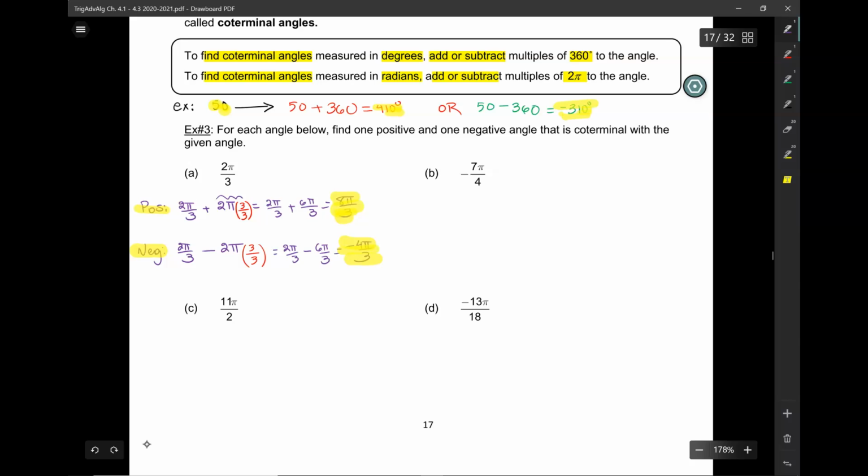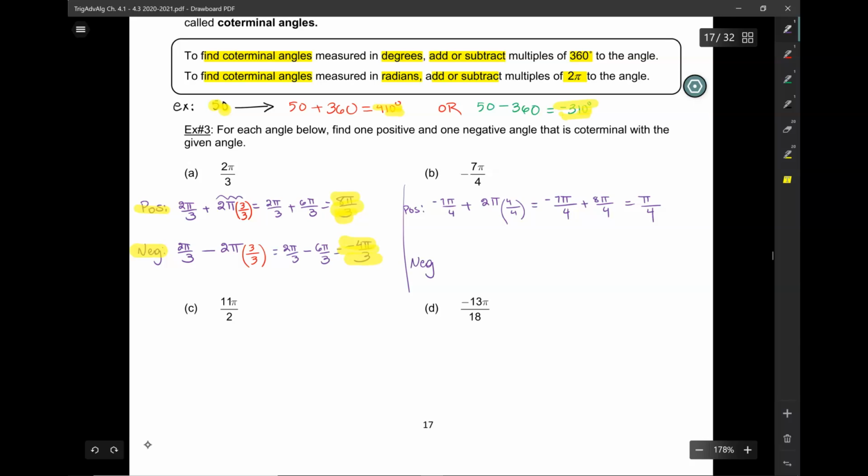Okay, let's do one more. I have negative 7 pi over 4. For the positive, I'm going to add 2 pi. Okay, the denominator is 4, so multiply by 4 over 4. I get negative 7 pi over 4 plus 8 pi over 4, 1 pi over 4.